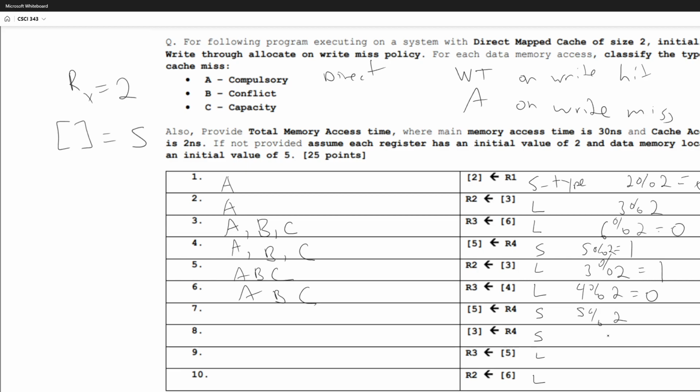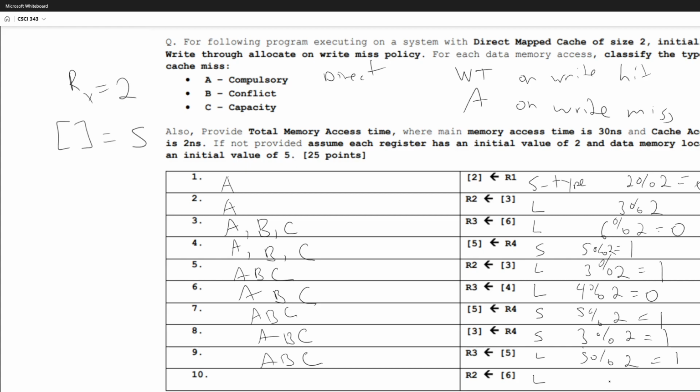Five mod 2. Miss again, allocate. 5 was here. 3 mod 2 equal to 1. Same thing. 5 mod 2 equal to 1.